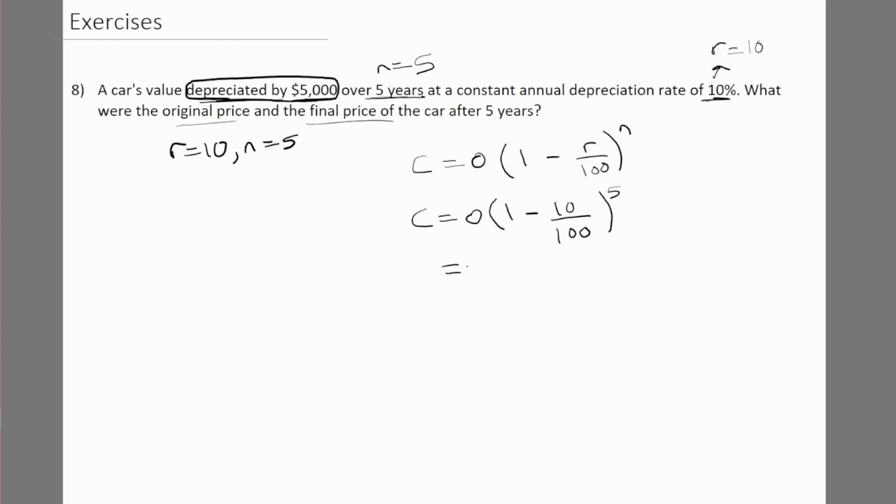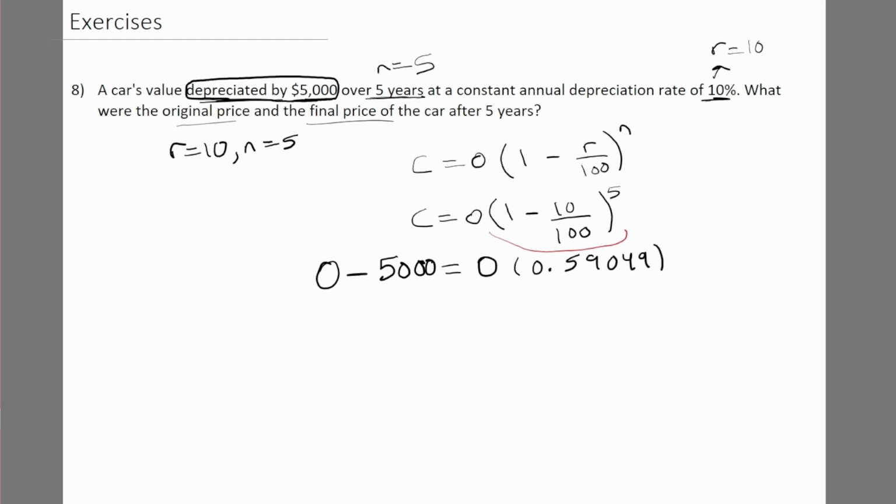If I know that it depreciated by 5,000, and this is the original price, then the current should be the original price minus 5,000. So the current price is always the original minus the depreciated amount, or plus the appreciated amount if you're dealing with appreciation. Now I'm going to evaluate this expression on the calculator, and you're going to get 0.59049.